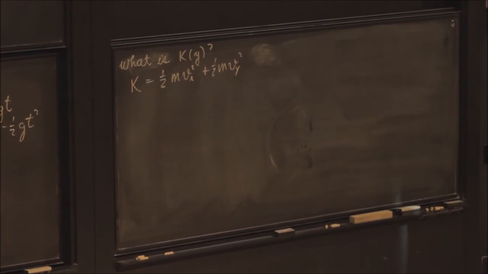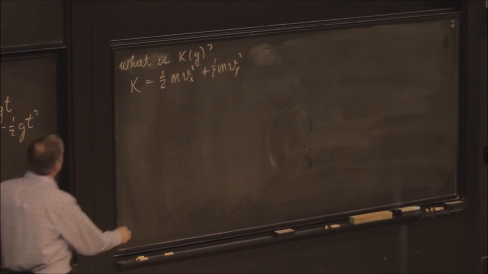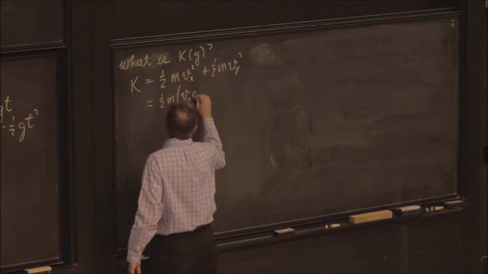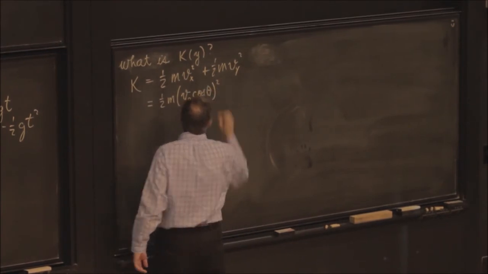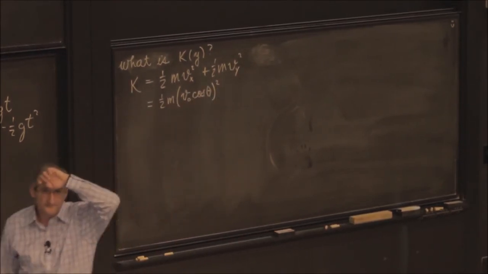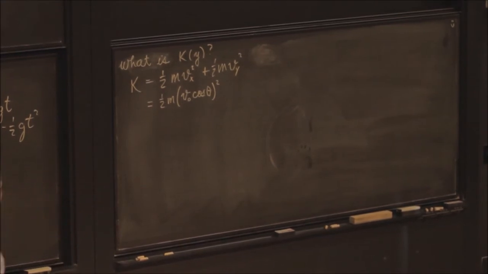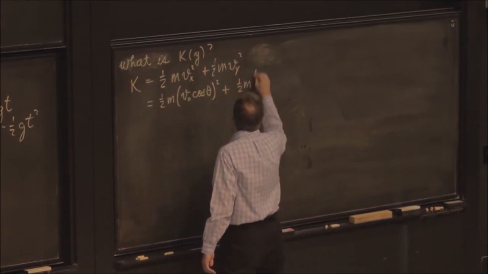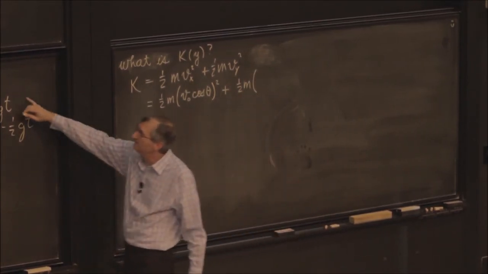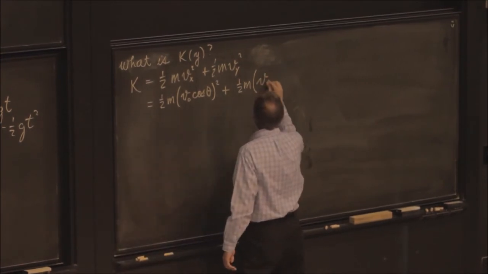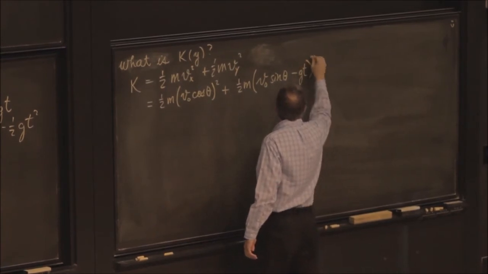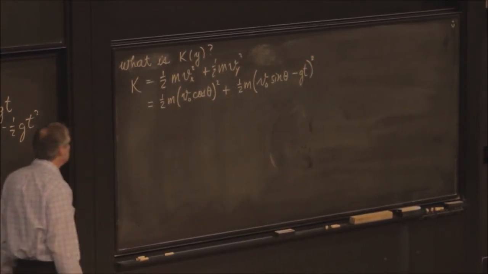This is going to get ugly, but that's okay. So here's the x component of velocity. So this is 1/2 m v naught cosine theta squared, and that doesn't care about the time. But the y velocity does. It is, from here, v naught sine theta minus gt, which I now have to square.